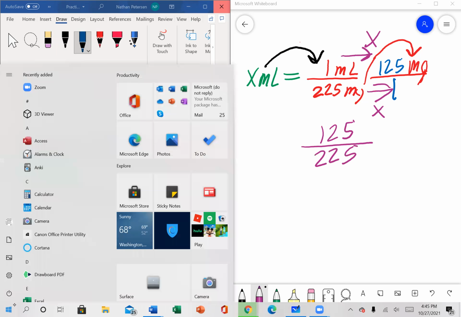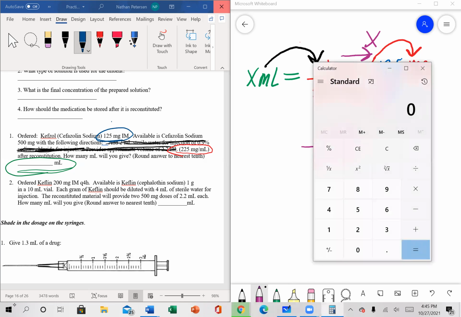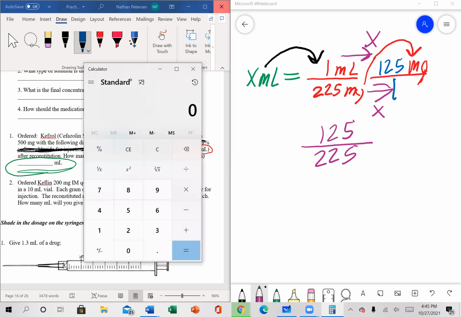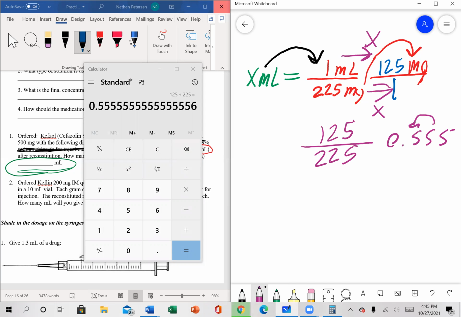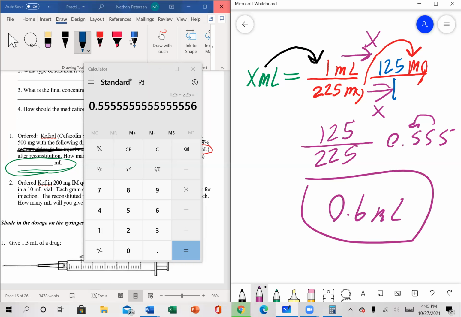Let's pull up the calculator. We're going to do 125 divided by 225. So we come out with 0.5555. So what is this going to round to the nearest tenth? 0.6. 0.6 mils is going to be our answer, I hope.